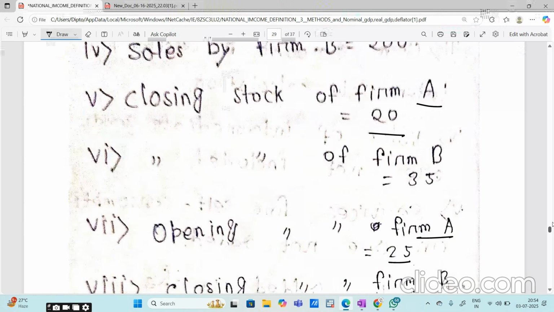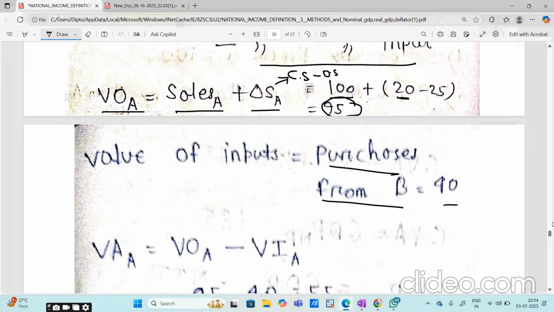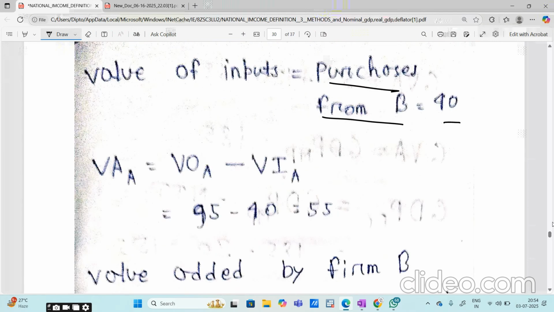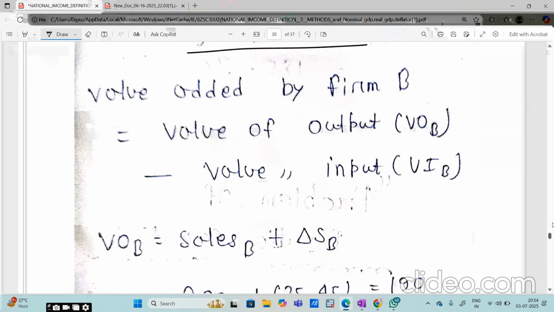In place of value of input of farm A, I am writing purchase from B, that is 40 rupees. So we have value of output, we have value of input, we can get value added of farm A, that is 55. Okay, so value added by farm A, farm B is clear here.